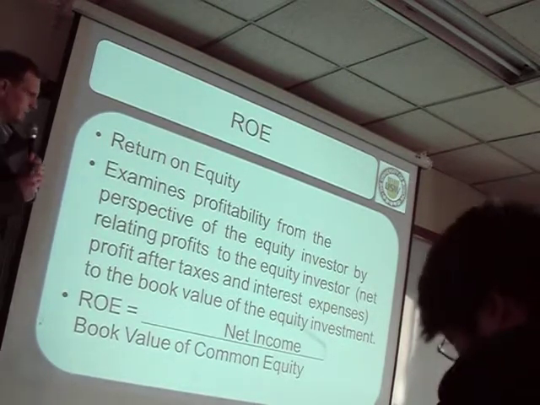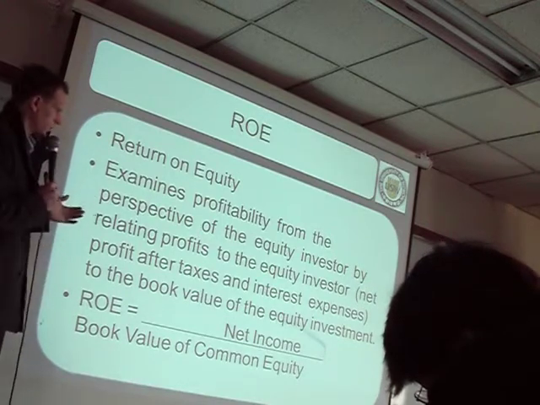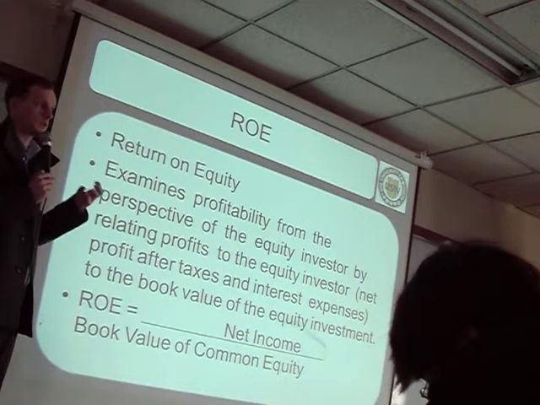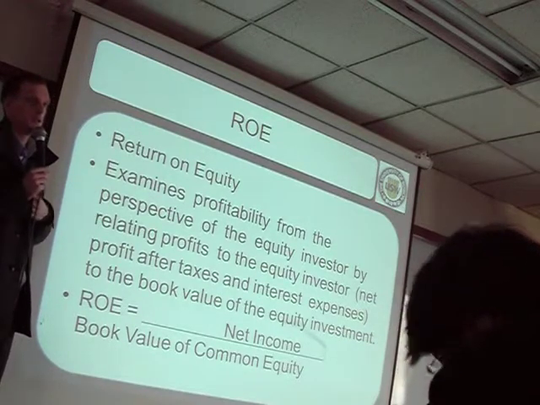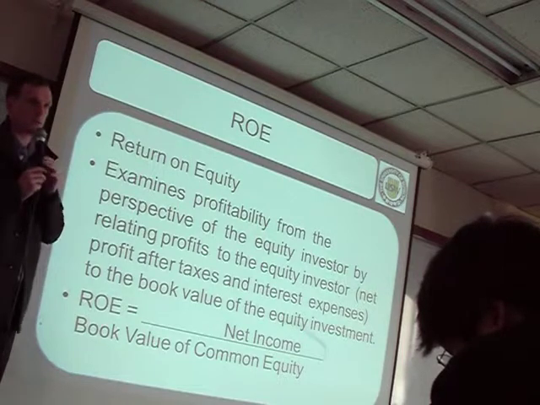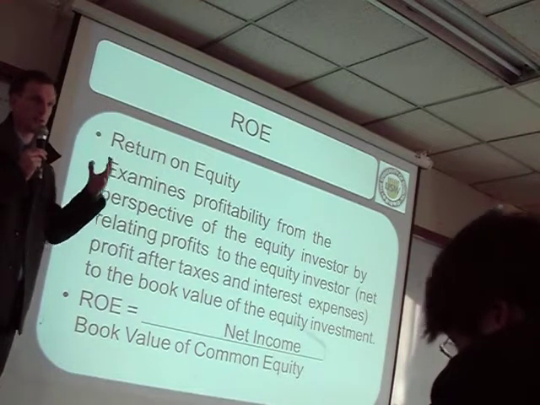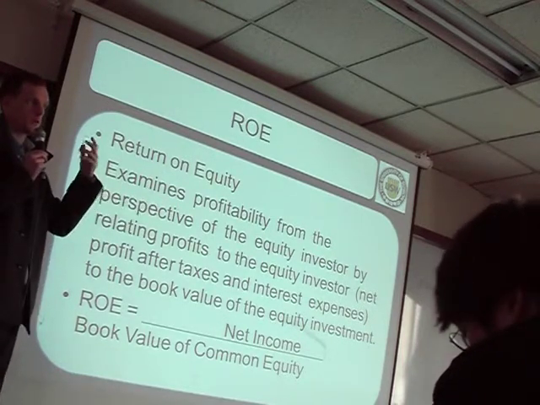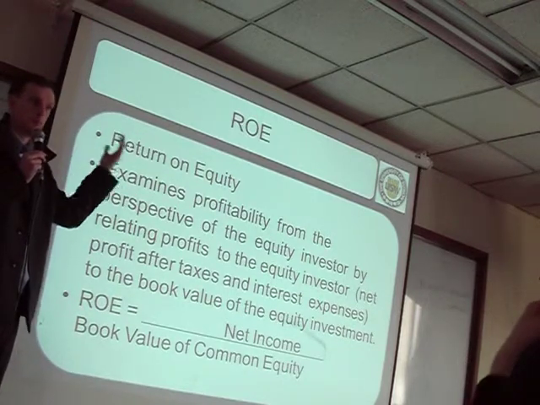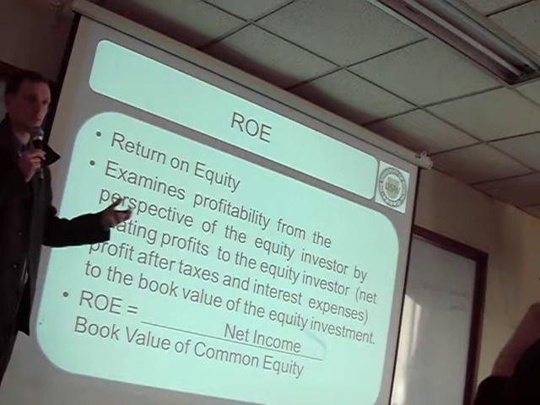So return on equity is similar to return on assets, but in this case we're just using equity instead of assets. So in this case we're just looking at from the point of view of the shareholder. Return on assets, we could be looking from the point of view of the bondholder, the shareholder, the employee, anybody in the company.